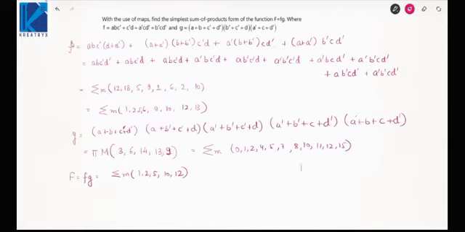Now if you draw the K-map for the 4 variable function which has 5 terms, 1, 2, 5, 10 and 12. So I'll first draw a 4 variable K-map. It will have 16 cells.